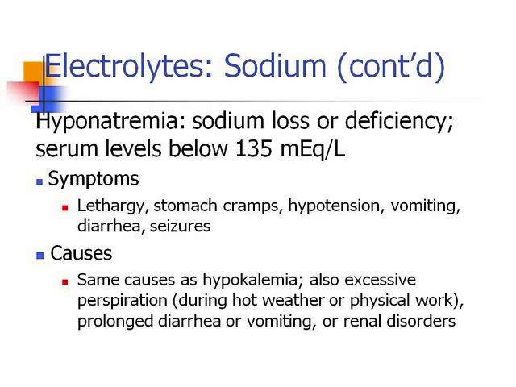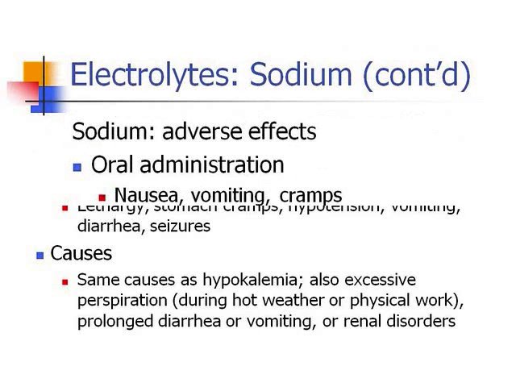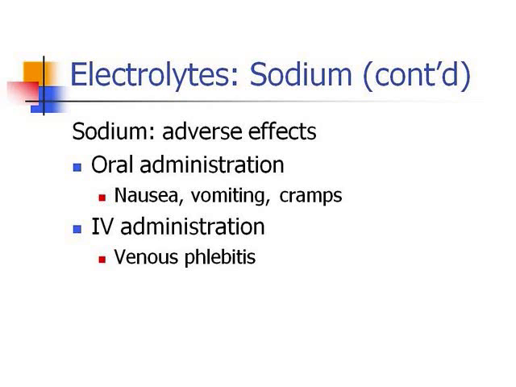Same thing as hypokalemia, but also a cause is excessive perspiration, prolonged diarrhea and vomiting, or renal disorders. What are the adverse effects of giving sodium? Well, if we give it orally, nausea, vomiting, and cramps. If we give it IV, venous phlebitis.